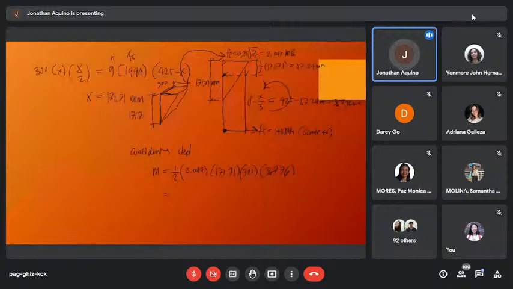The moment capacity is 1,938.96 kilonewton meter. Okay? Same true, pag ginamit nyo naman yung moment kayo dito, dapat lumabas yung value is parehas lang.